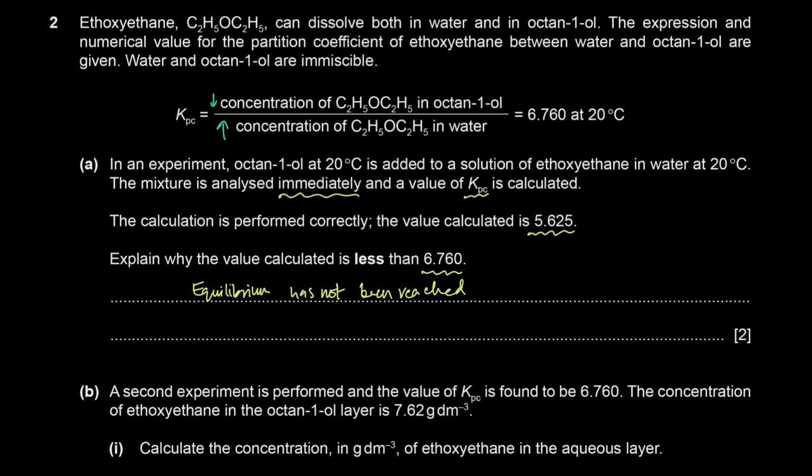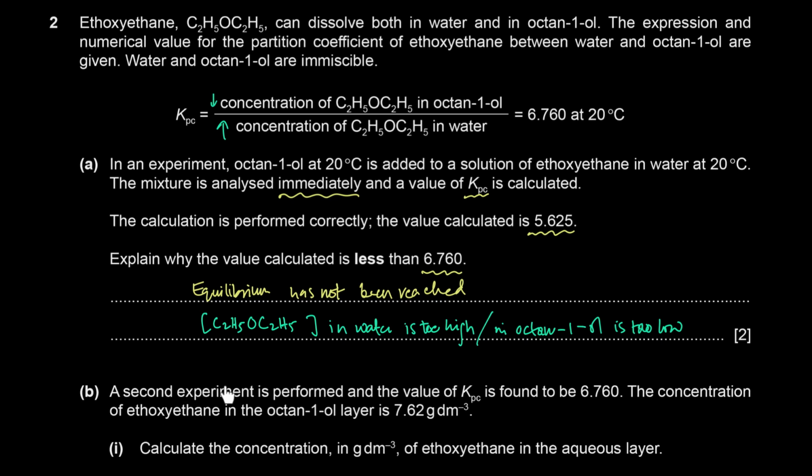So we can say the concentration of ethoxyethane in water is too high, or we can say it's too low in octanol. So you're getting a value that's lesser than expected. That's why.